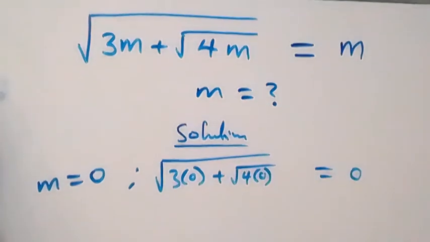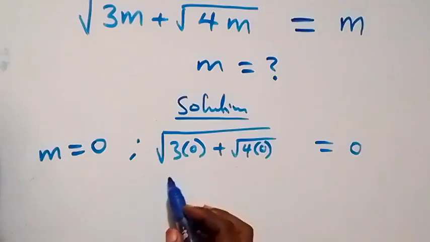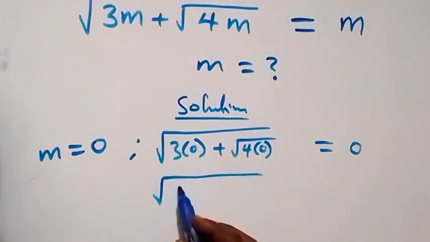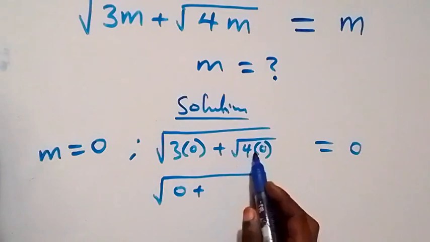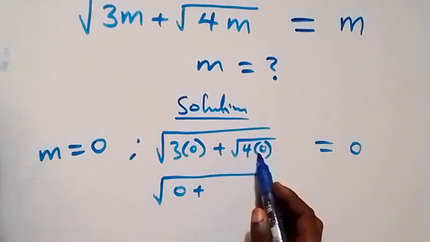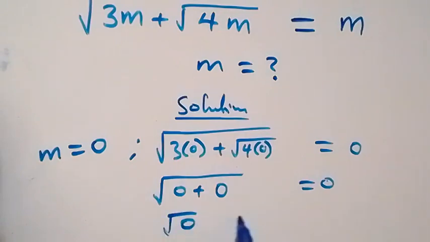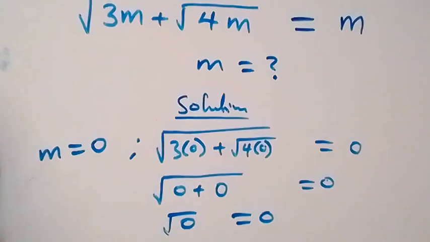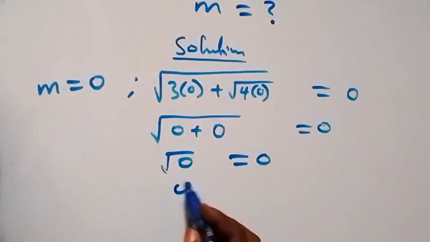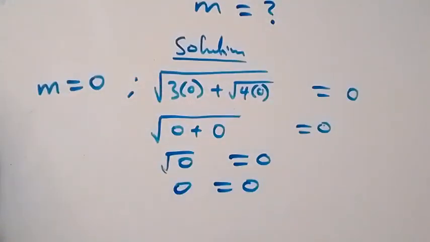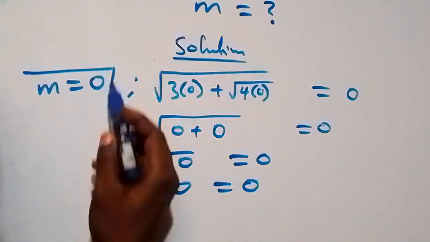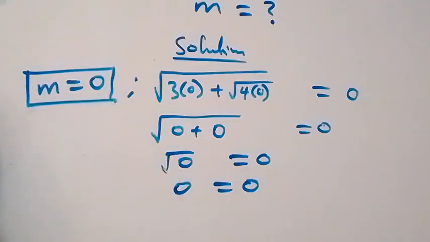Here, 3 times 0 is still 0. So root 0 plus root 4 times 0, that's root 0. Root 0 is 0, equals to 0. So 0 plus 0 is 0. Root 0 equals 0. So this is 0, which is equals to 0. Now, left hand side equals the right hand side. This satisfies the equation.